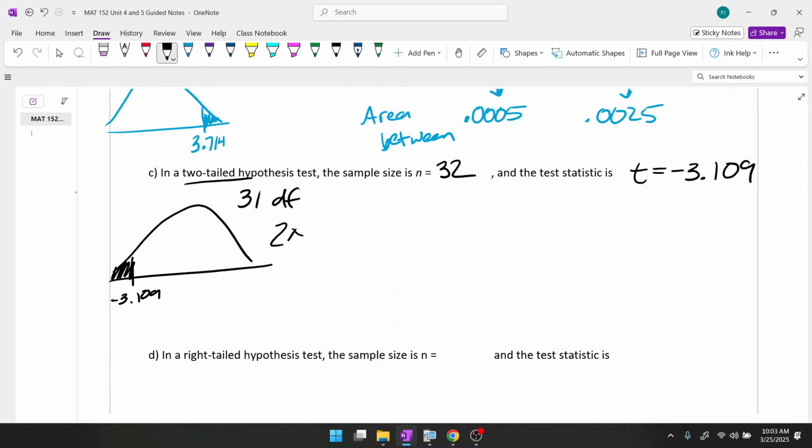This is where you would do 2 times, let me read, yeah. So basically in this case, folks, you would do 2 times tcdf from negative 10 to negative 3.109 with 31 degrees of freedom for the actual p-value.